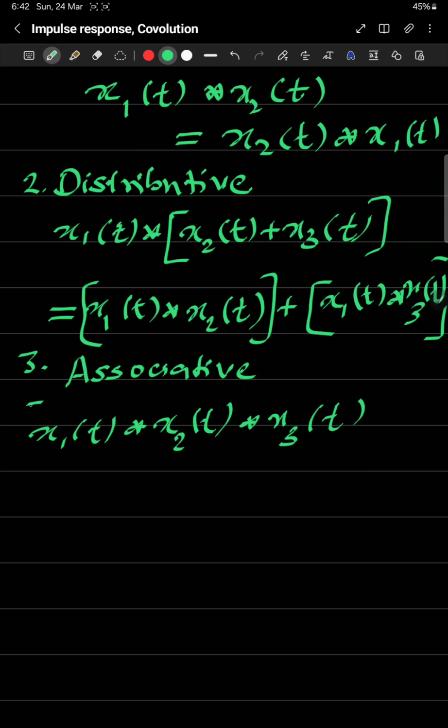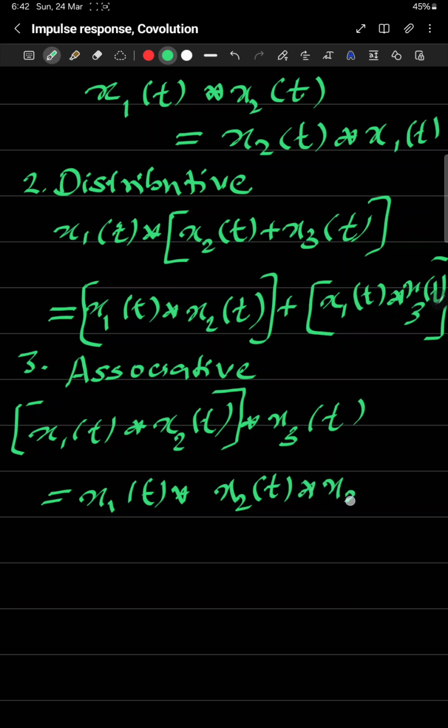Say you can perform x1 of t convolution x2 of t first, then you can convolve with x3 of t. Or say I can perform x2 of t convolution x3 of t first, let me mention it in brackets, then you can convolve it with x1 of t. So that is the associative property.